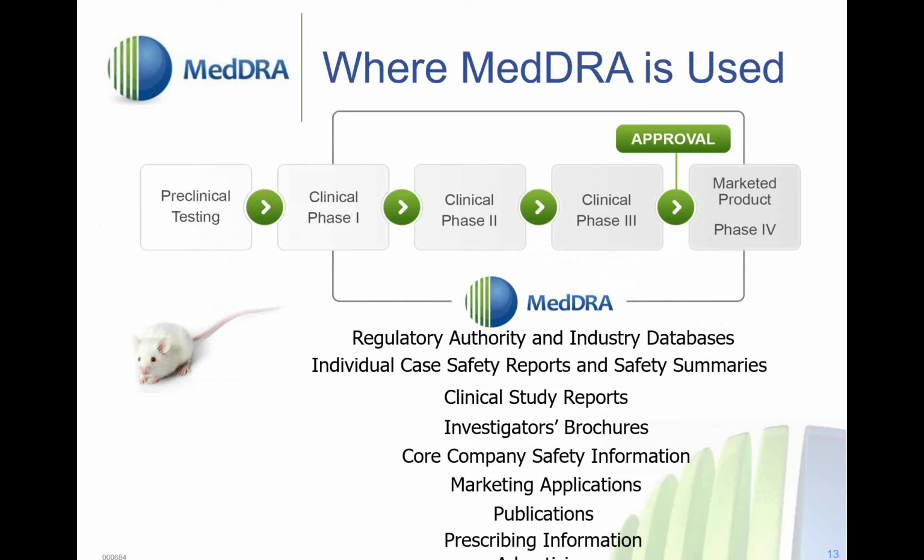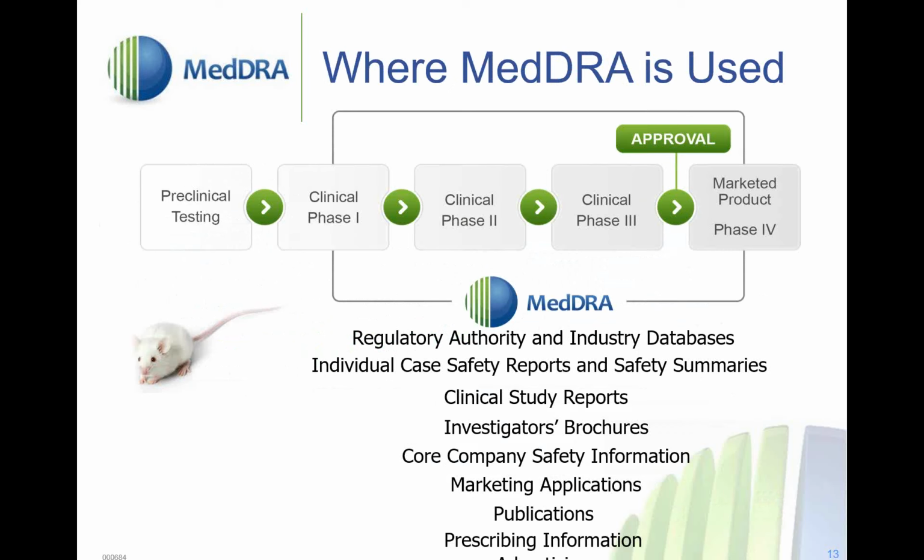This next slide shows you the scope of the use of MedDRA throughout the clinical research life cycle. The only exclusion is animal toxicology. So you're not going to see MedDRA terms used for animal toxicology, but from clinical phase 1 through post-marketing, you'll see MedDRA in many different guidelines and documents that many of you are familiar with.